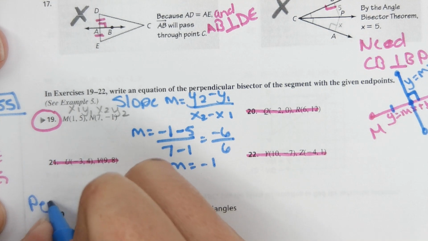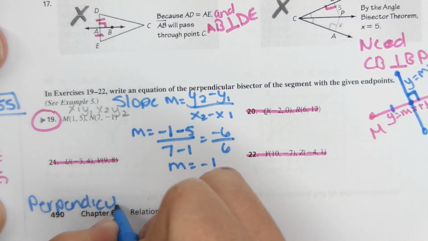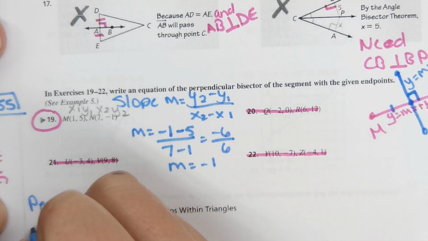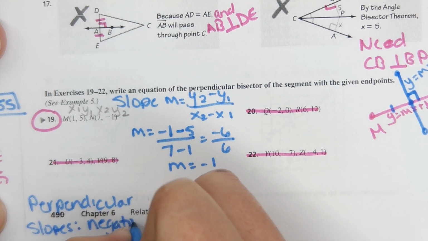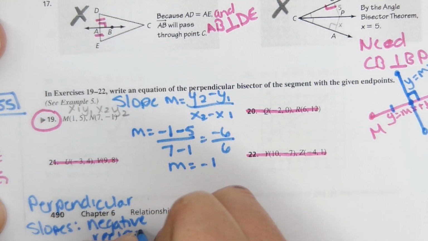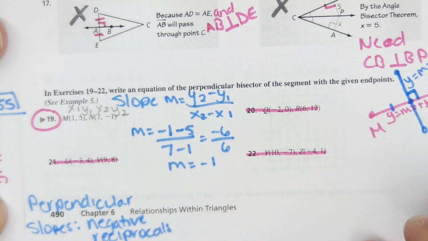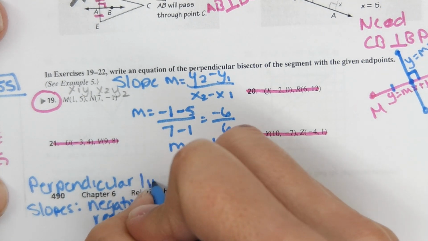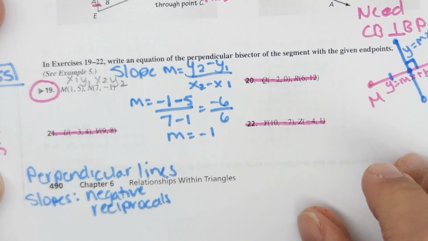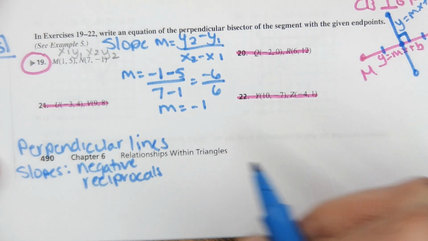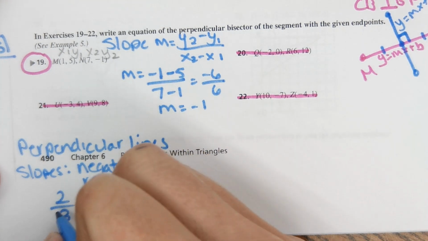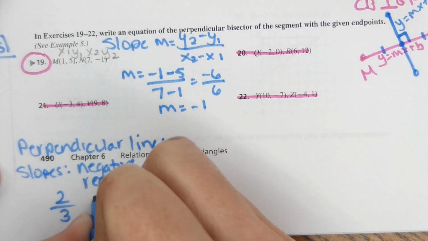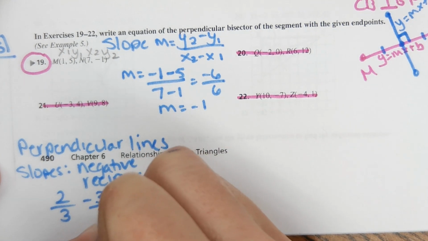So for perpendicular lines, slopes are negative reciprocals. What does that mean? We've seen this before, if you don't remember. The slope of one line could be 2/3, and then a line perpendicular to it would have a slope of -3/2.